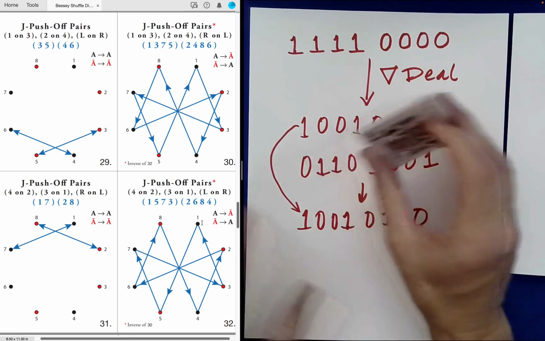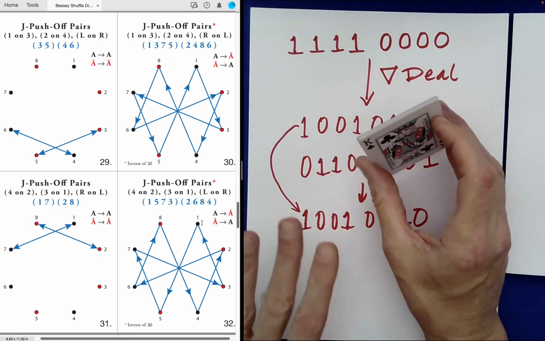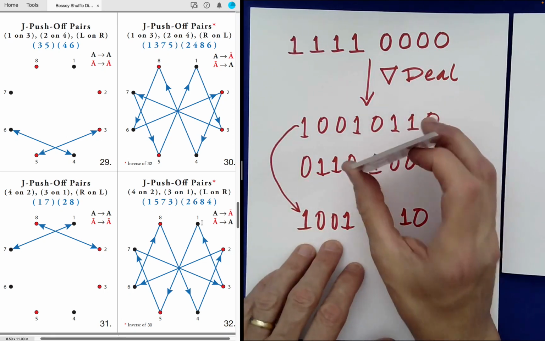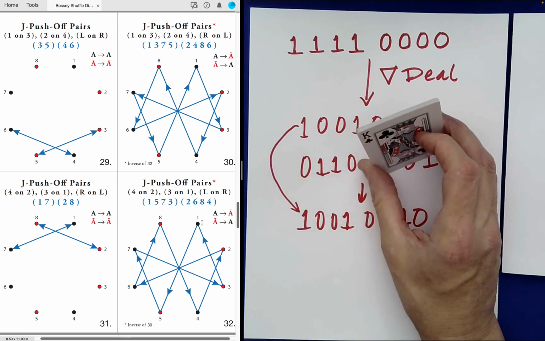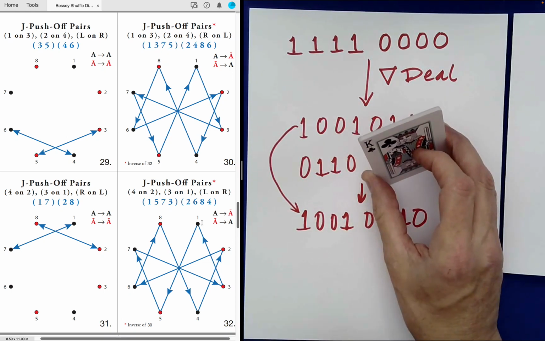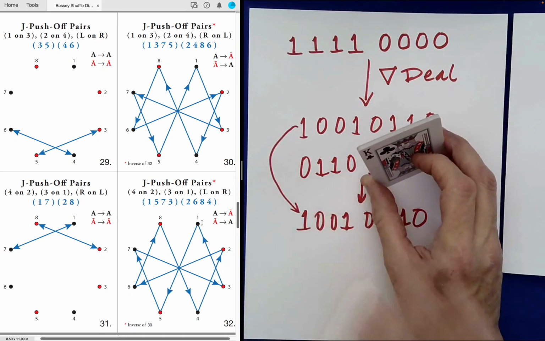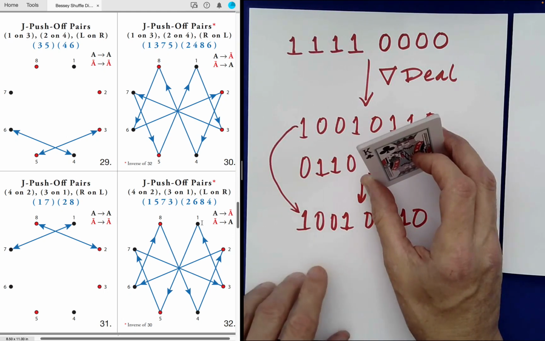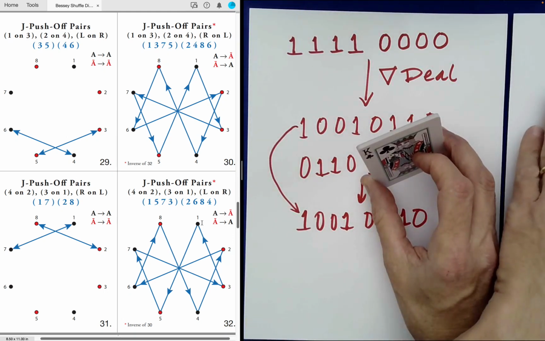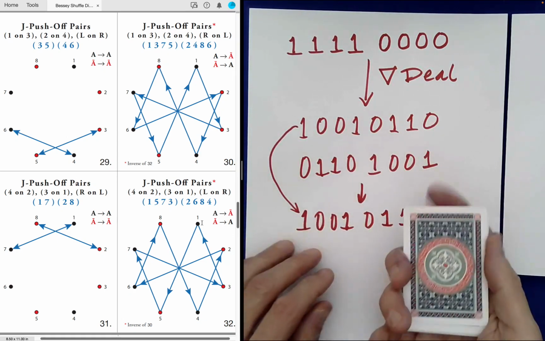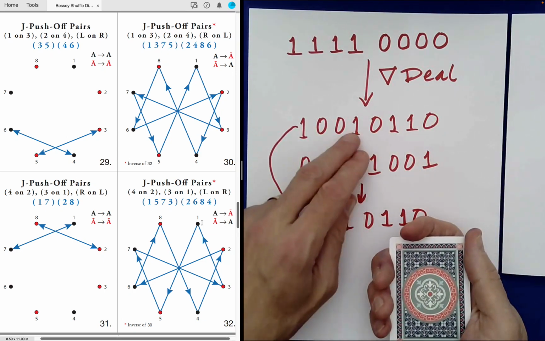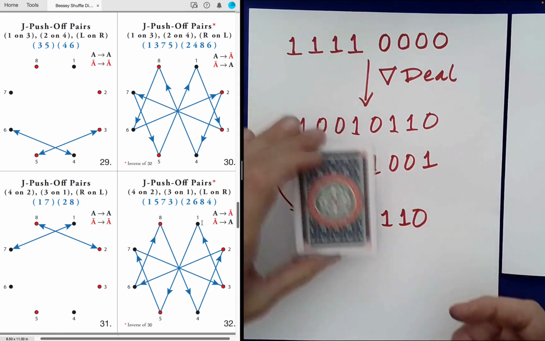So if after all the shuffling has been done that the spectator calls for, you just surreptitiously glance the identity of the bottom card, you could deduce whether or not inversion has or has not occurred. But since inversion has no effect on our prediction, we won't worry about that right now.